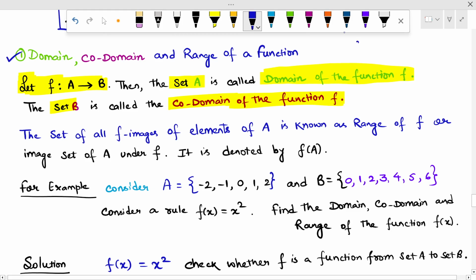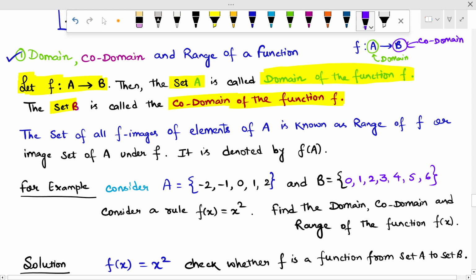We know that a function f can be written as f from A to B. So here this set A is called the domain of the function f, and this set B is called the codomain of the function f.